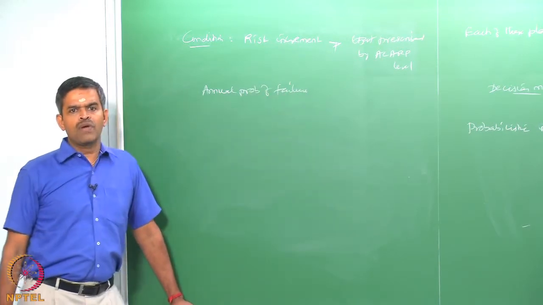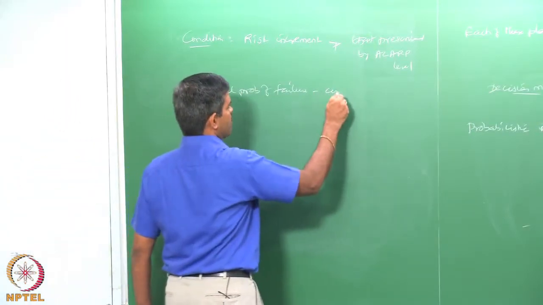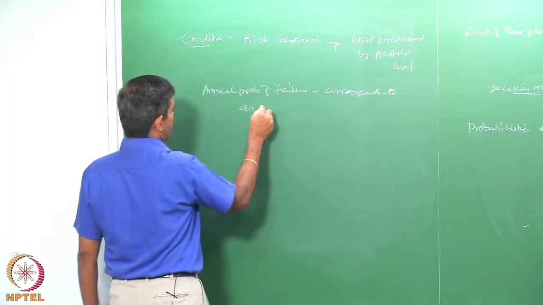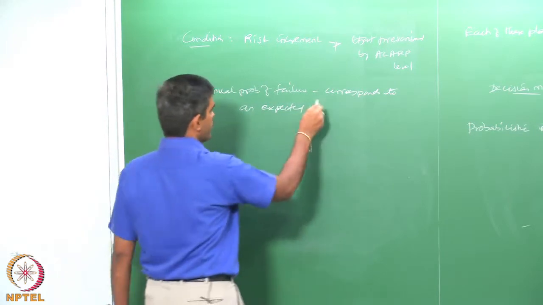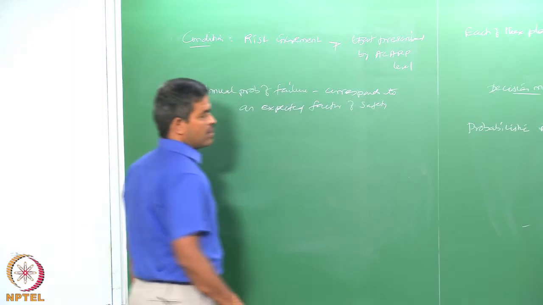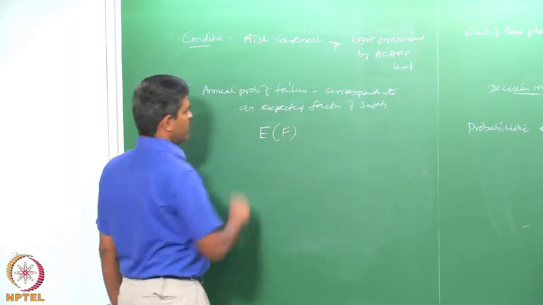Let us say the annual probability corresponds to an expected factor of safety. Let us say this expected factor of safety is E of f.